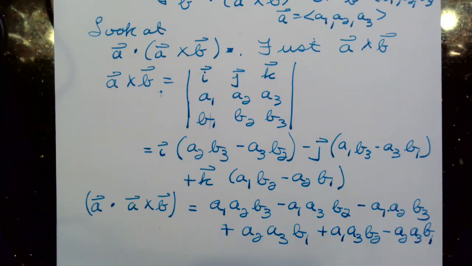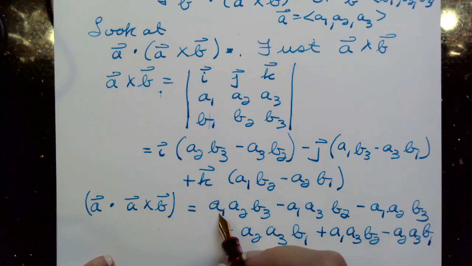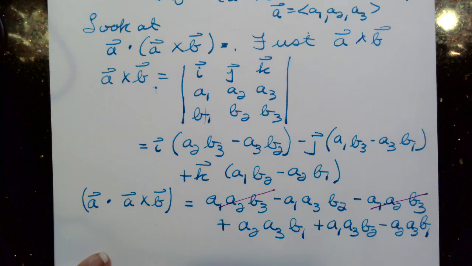Now let's look at what we have. We have A1A2B3 and minus A1A2B3, so these cancel. Then A1A3B2 and minus A1A3B2, so these two cancel. Then A2A3B1 and minus A2A3B1, so these two cancel. So the dot product is equal to 0.